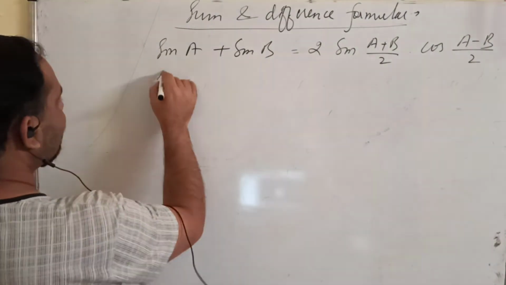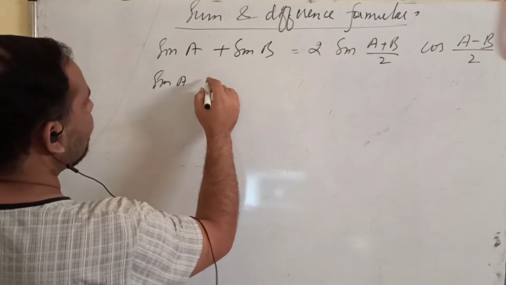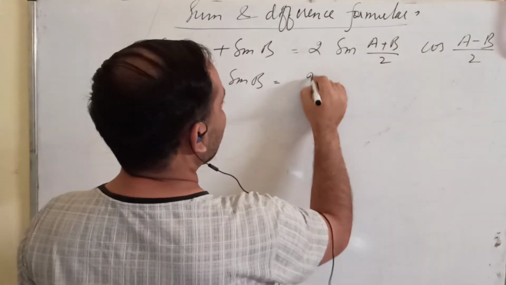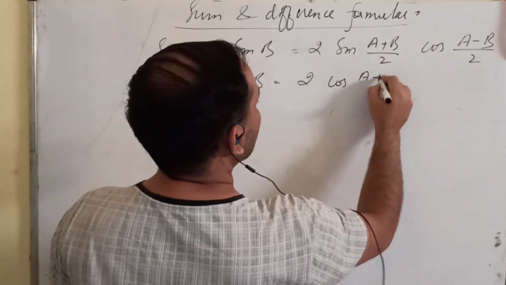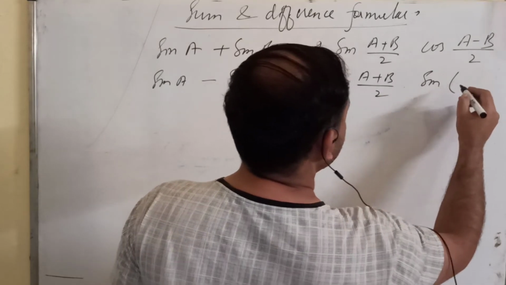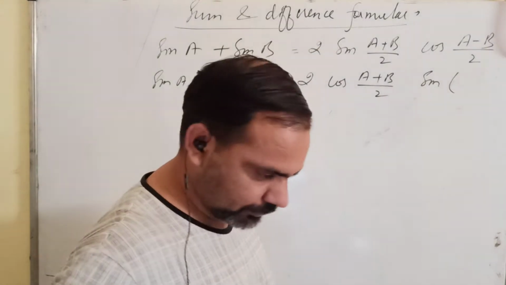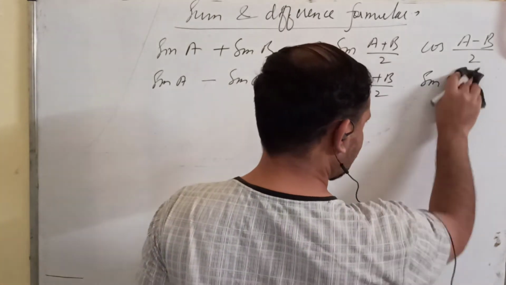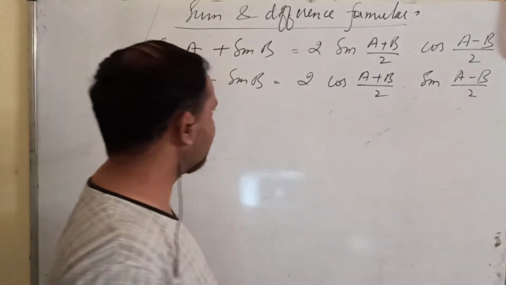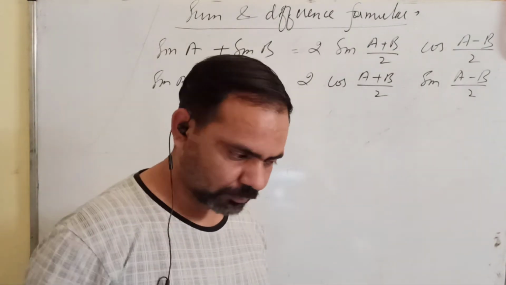Then sine A minus sine B will be 2 cos A plus B by 2 into sine A minus B by 2.